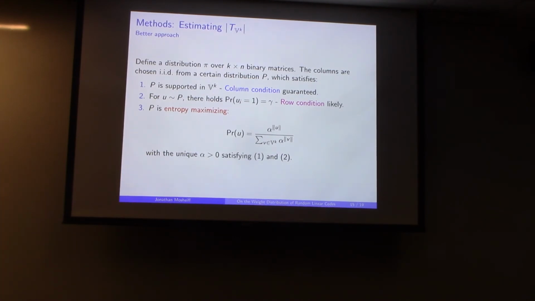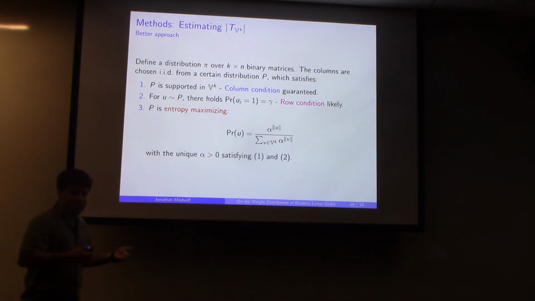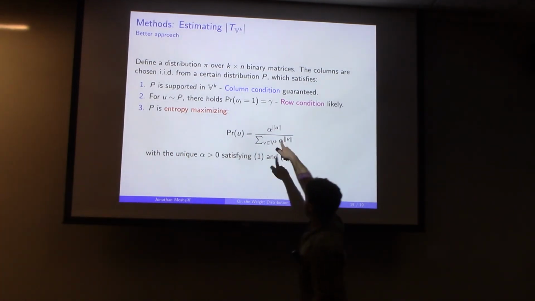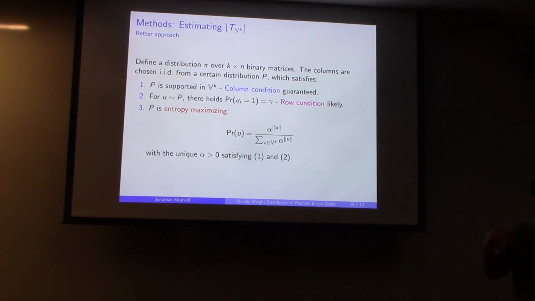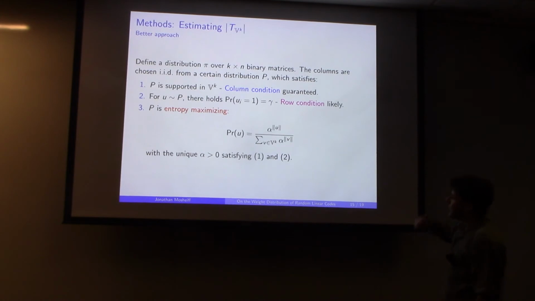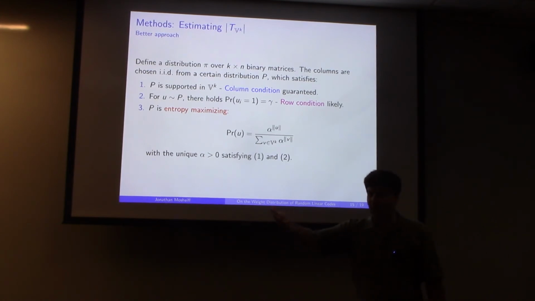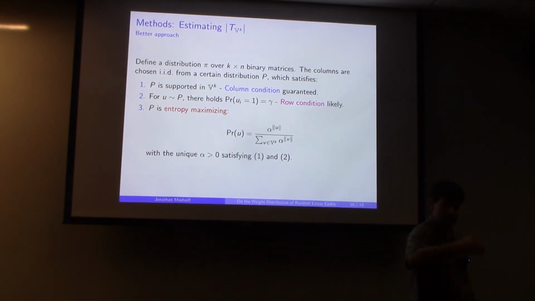Okay? So there's a very rich theory of entropy maximization. And the basic problem that entropy maximization tries to solve is exactly this. You want a distribution supported on a certain set, in this case our even vectors, and you have certain conditions: you want the expectations of certain functions on your random variable to be something.